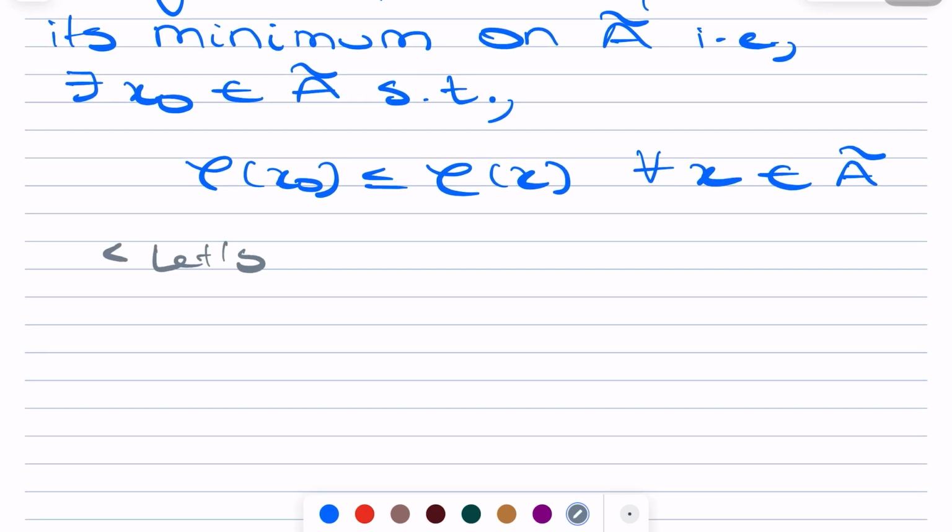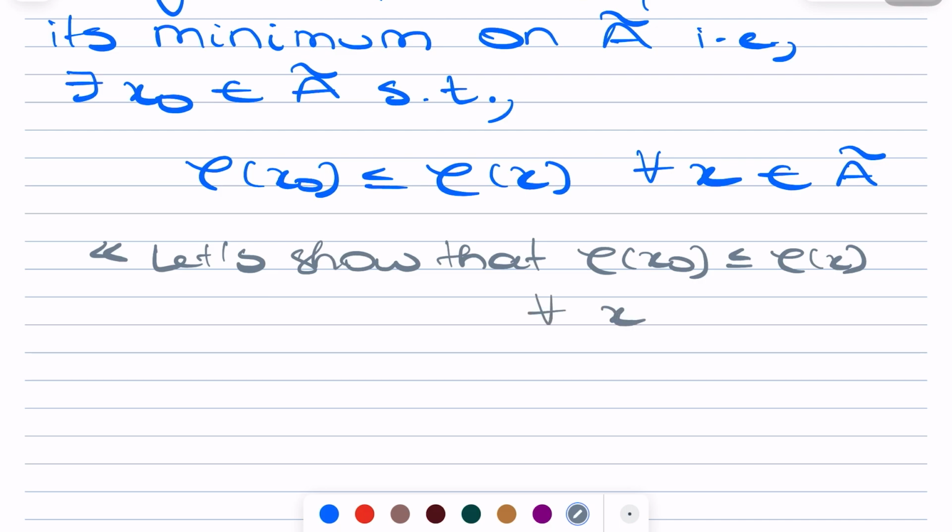So let's show that phi of x0 is less or equal than phi of x for every x in A. That x0 is not only the argmin on A tilde, but also on A.